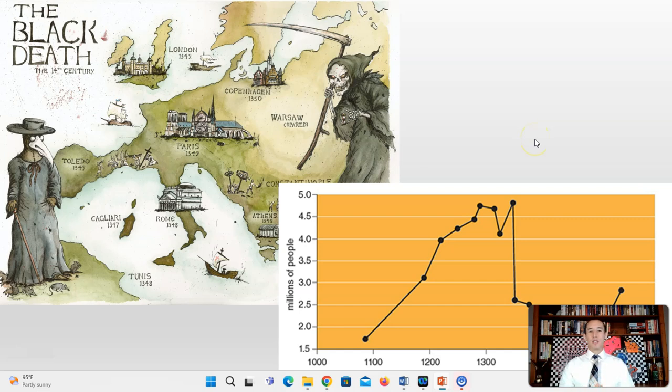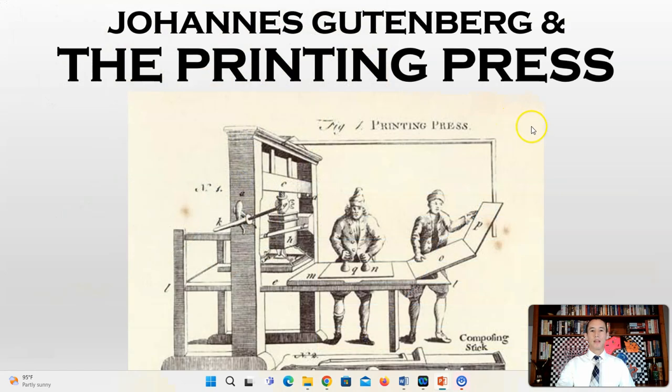Another massive revolution that takes place in Western Europe is a technological revolution that has massive implications, a communication revolution. How significant and how big this is is impossible to state. For the time, it was like the equivalent of the creation of the internet in the sheer scale of it.